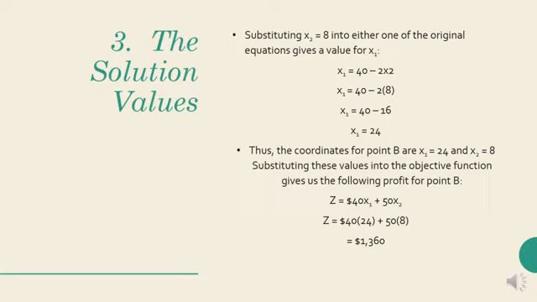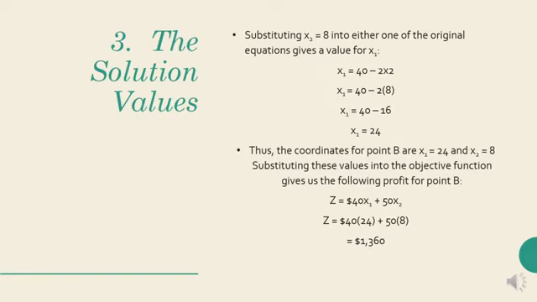Okay, so dahil nakuha na natin yung x2 at saka x1 is equal to 24, x2 is equal to 8. Thus, the coordinates for point B are x1 is equal to 24 and then x2 is equal to 8.